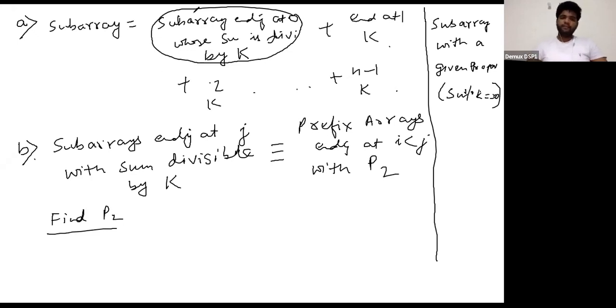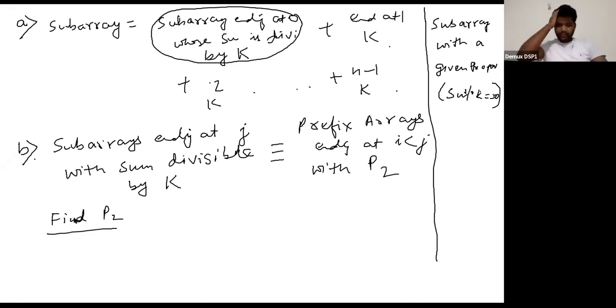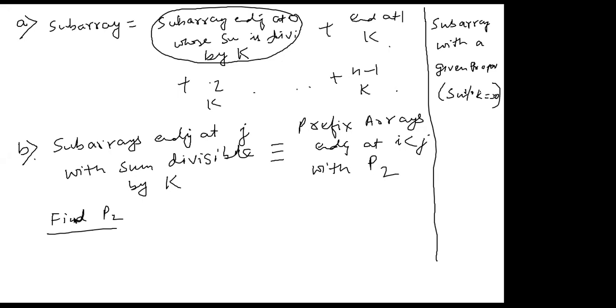Can anyone tell me? People who tried? So we can divide the complete array by k, and then the remainder, whatever the remainder comes, we search for it throughout the previous. Then we will get negative numbers.